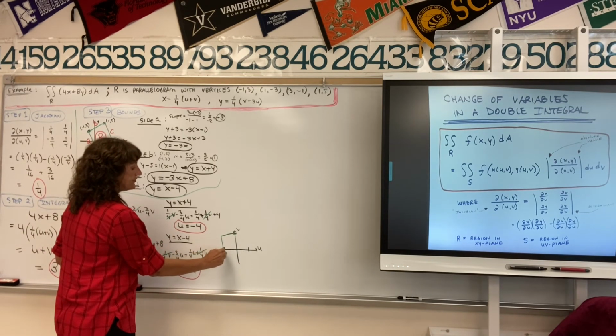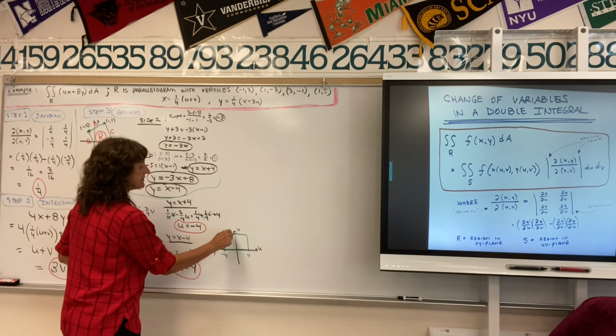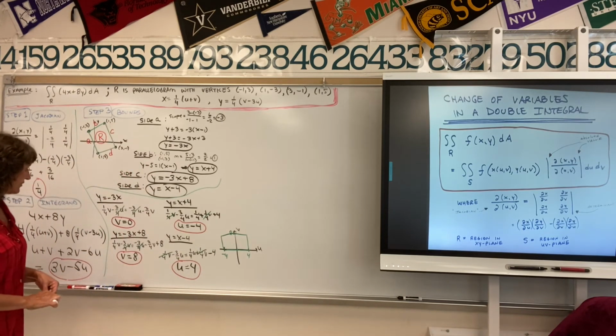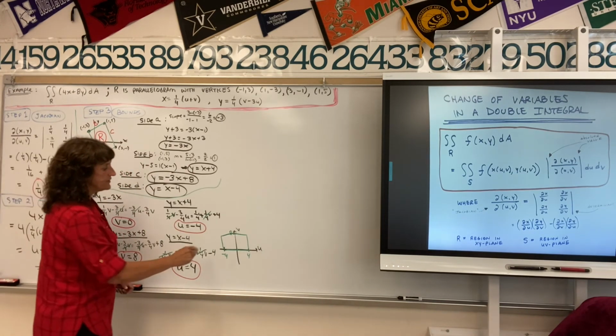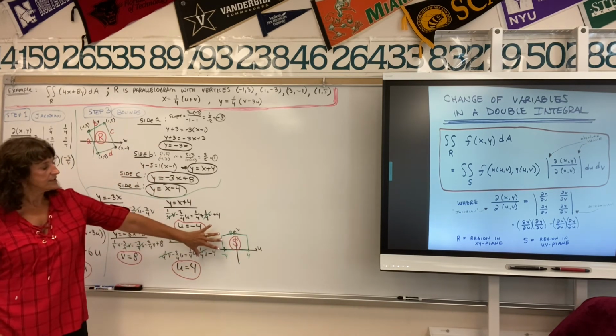So you have negative 4 to positive 4 for the u-axis and 0 to 8 for the v-axis. This is my S region, and this is what I'm going to use.